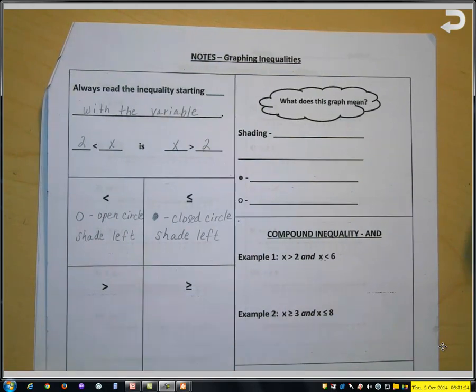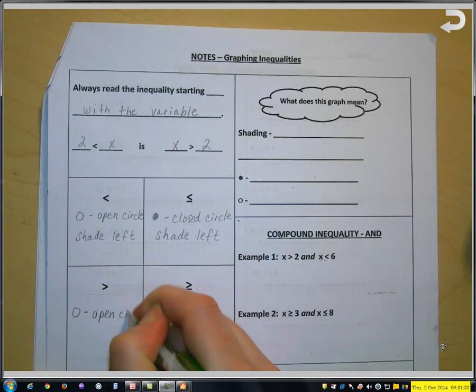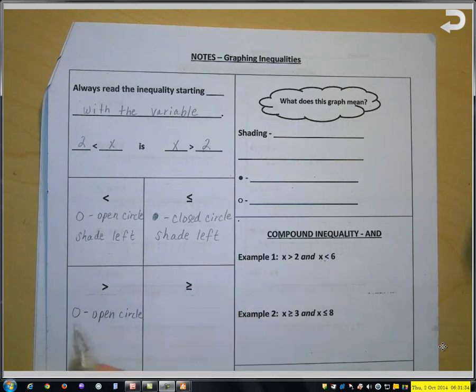If we're graphing a greater than, we're going to use an open circle. And we're going to shade to the right, because larger numbers on the number line are located to the right.